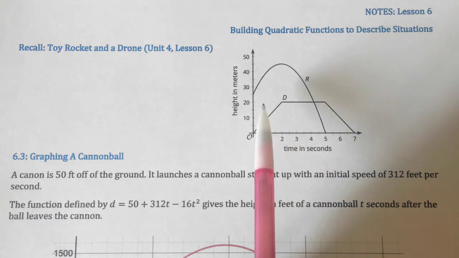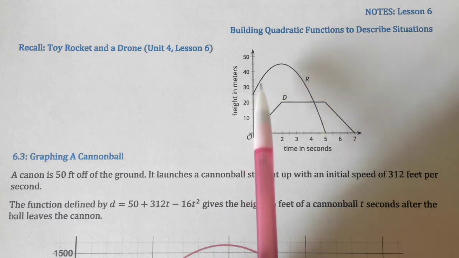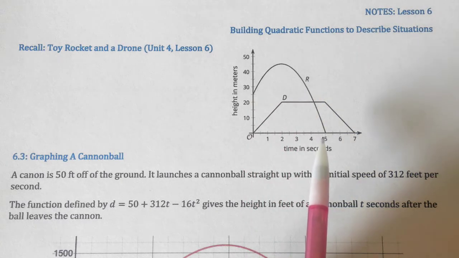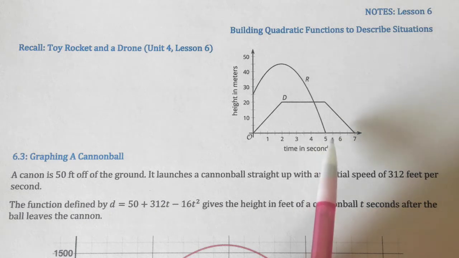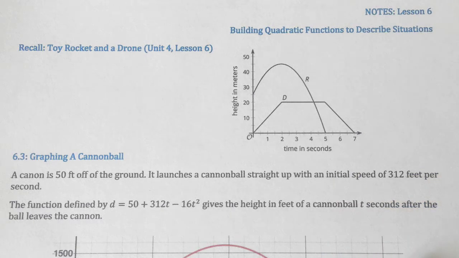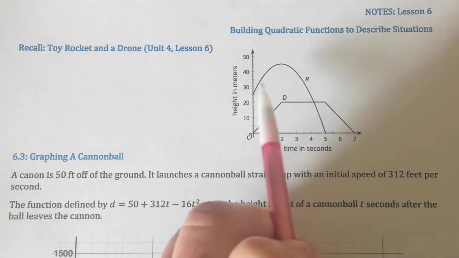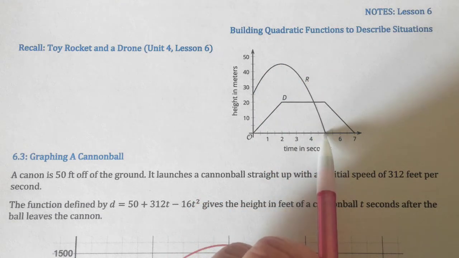Even with the toy rocket, we noticed on the graph that it started at about 25, got launched at about 25 feet or meters in the air, goes up and then arcs down and lands after about 5 seconds. So we are going to be looking at quadratic functions today, which is this shape right here of my toy rocket.